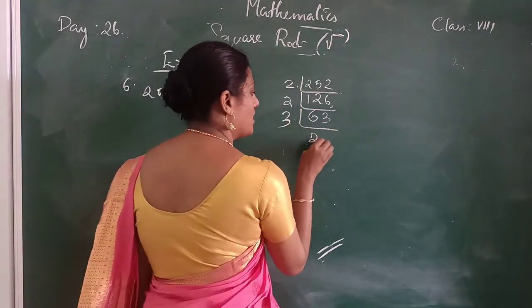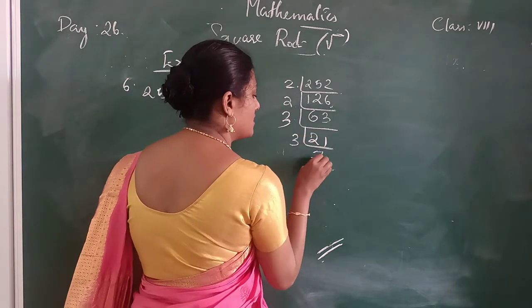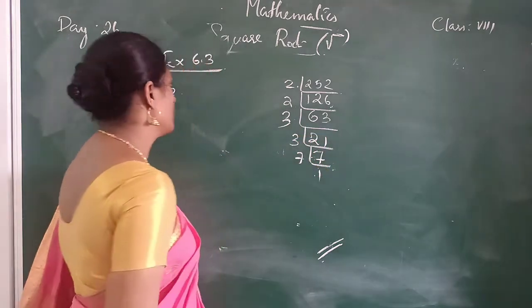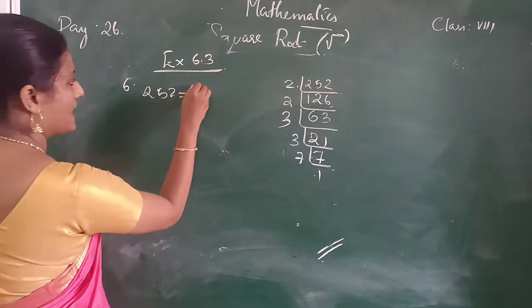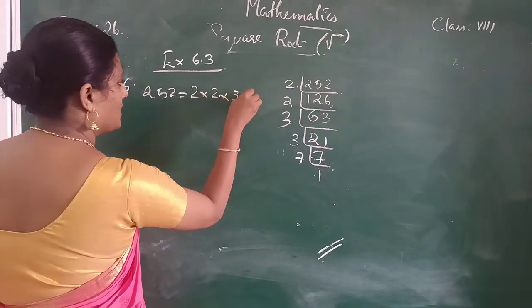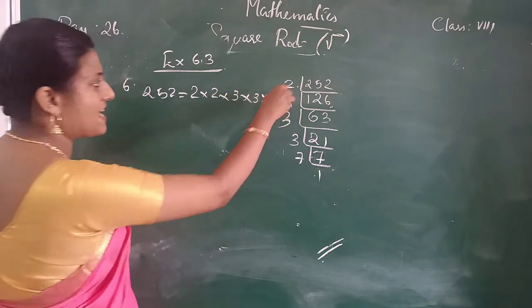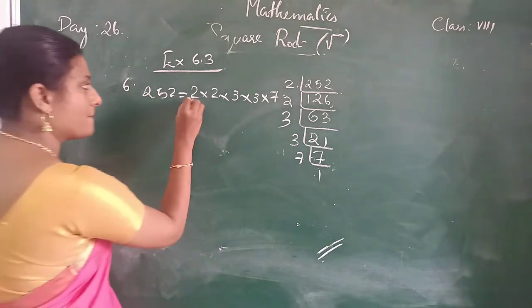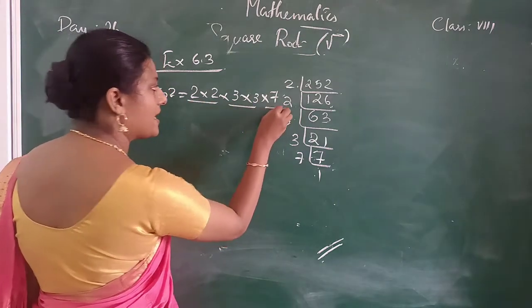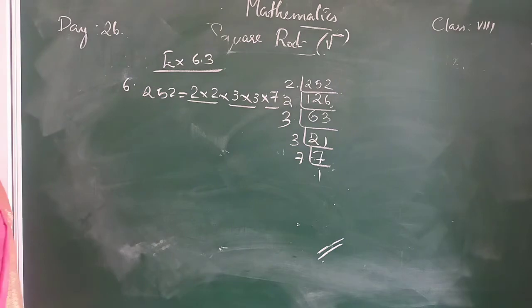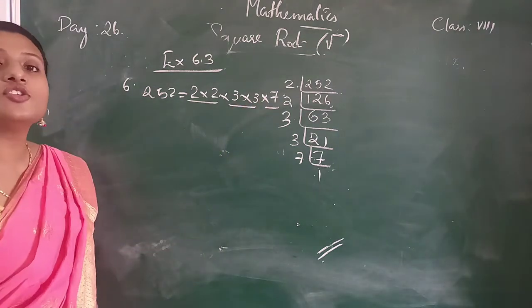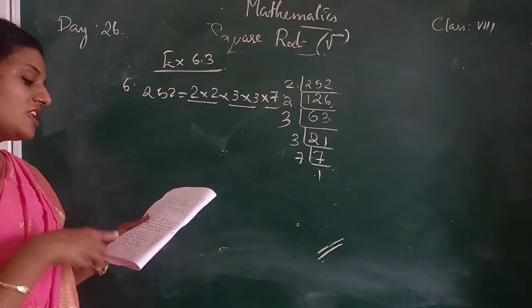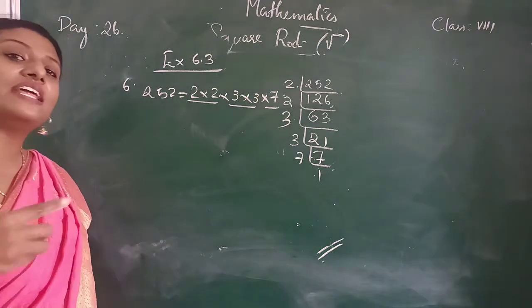So 63, 21, 7, 1. So 252 can be written as 2 into 2 into 3 into 3 into 7. Next pair the numbers. Factorize in order and pair. Okay. So is there any pair for 7? No. What is the question? Which number should be divided?